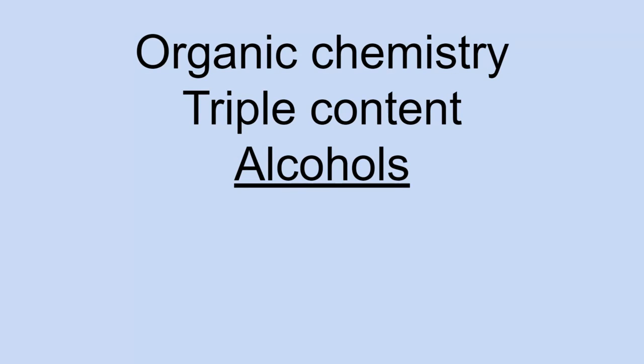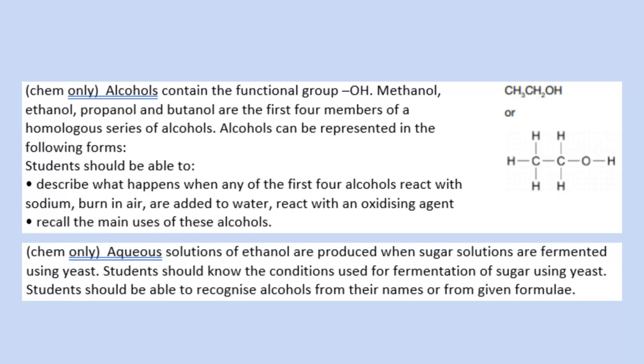Okay. So alcohols. For your specification, what AQA expect you to know? We've got the alcohols contain OH, the names of the first four in the homologous series. You need to be able to name them.